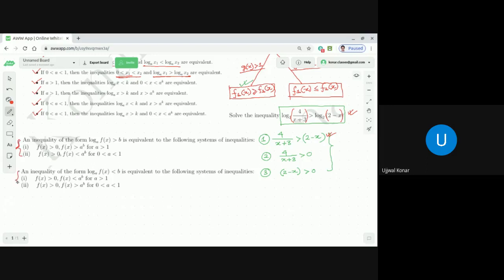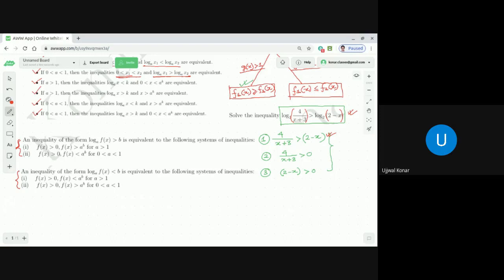Correct, no? One inequality holds true for a condition exactly opposite to the one for which the other holds. By and large, all logarithmic inequalities are like that. If you change the inequality, you change the base condition, and you will get the same thing.